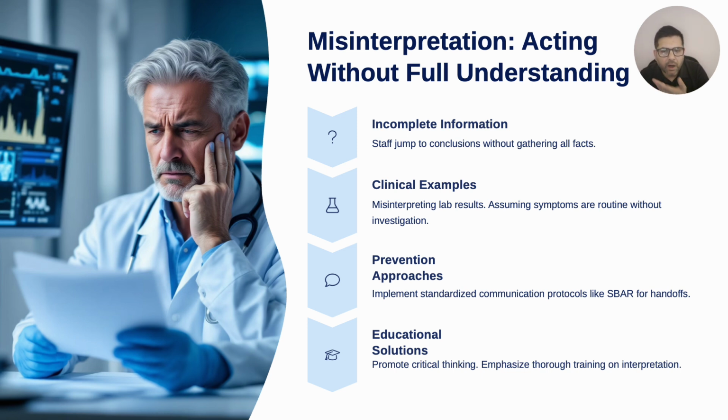Another is to think of SBAR, the situation, background, assessment, recommendation, a kind of checklist or approach for handoffs in a healthcare facility. This ensures all essential information is conveyed systematically, reducing the chance of misinterpretation. And it makes sure everyone is literally speaking the same language.